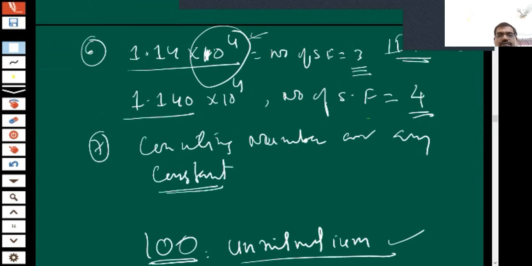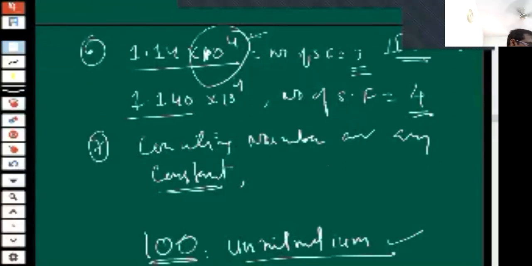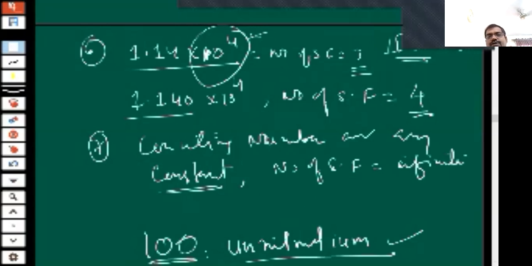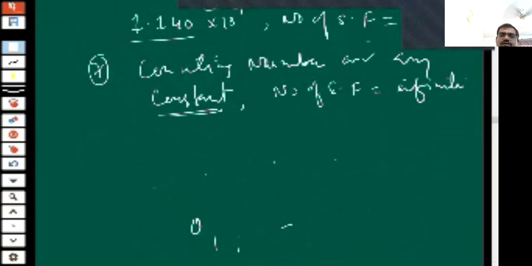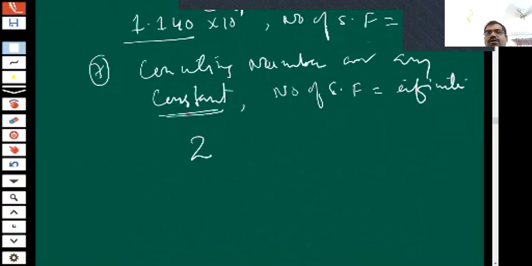Their number of significant figures is infinite. Because if you simply say the number 2, it's not centimeter, it's not any measurement, second or something, only a number.